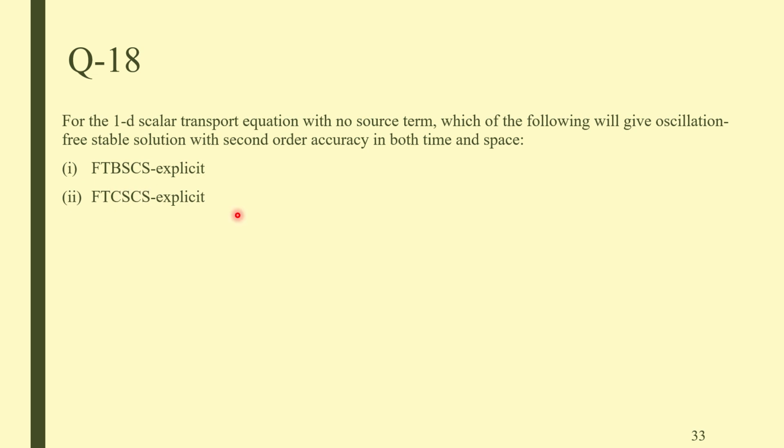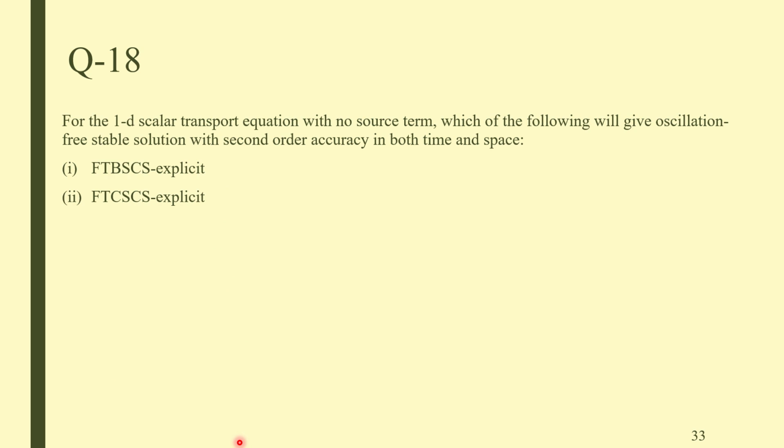second one is forward time, central space, explicit. So on looking at it itself, we can say that both are not second order because it is using forward in time. Forward in time will give first order accuracy with respect to time. So we can say that first statement as well as second statement is false because it is not second order accurate with respect to time and space.